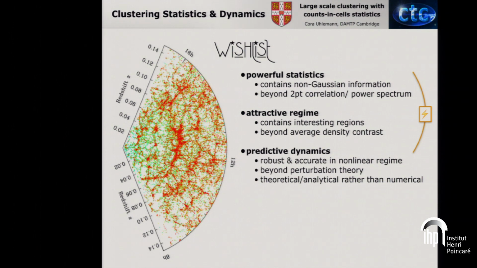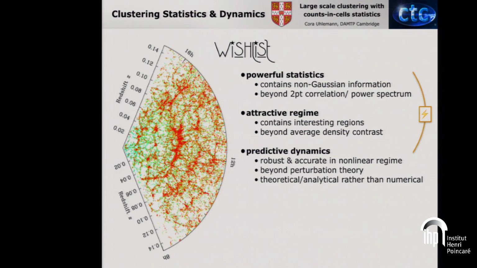On the one hand, we want powerful statistics, because we want clustering statistics that have interesting information. And in particular, since we know that the late time distribution of matter is not Gaussian anymore, that means we don't just want two-point statistics like the power spectrum or the two-point correlation function, but something beyond. On the other hand, we want to be in an attractive or interesting regime.